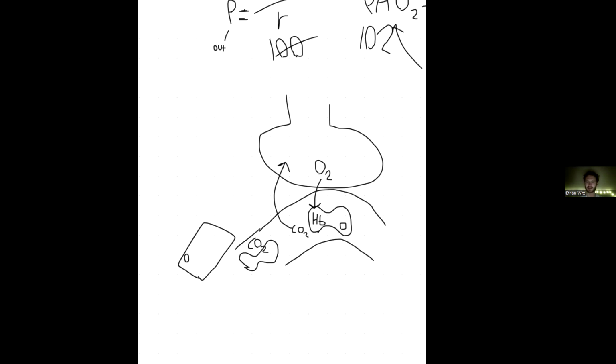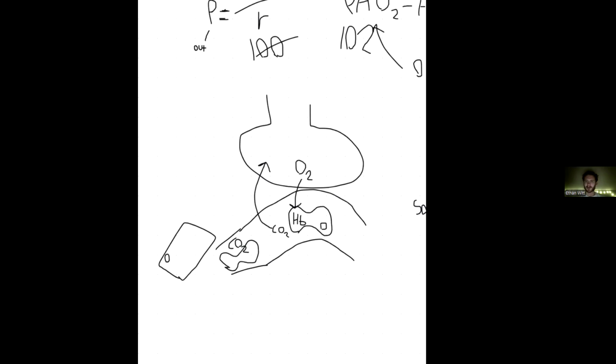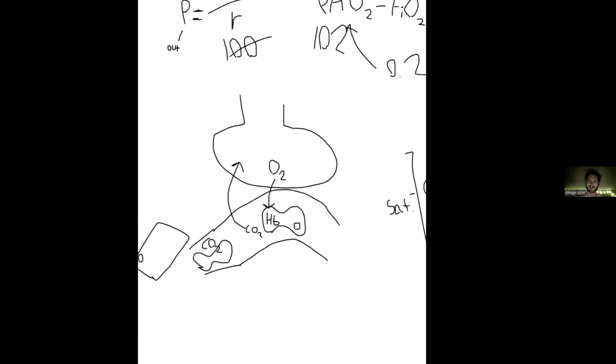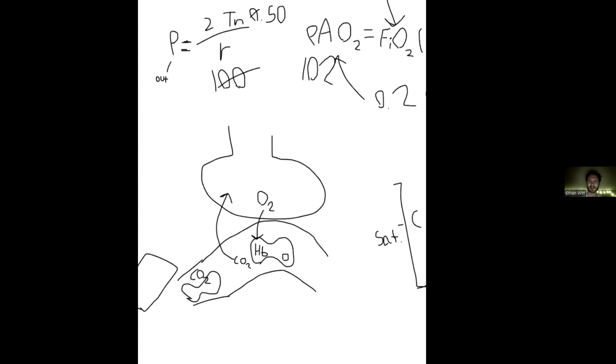You need to get rid of that CO2 somehow, or else bad things will happen, which I'll illustrate over here. But your hemoglobin can also carry CO2 just as well as oxygen. And as it reaches this network of the alveolus, it will diffuse across the membrane, become gaseous again, and be expelled right back out through the lungs. As easy as 1 and 2, inhale and exhale.